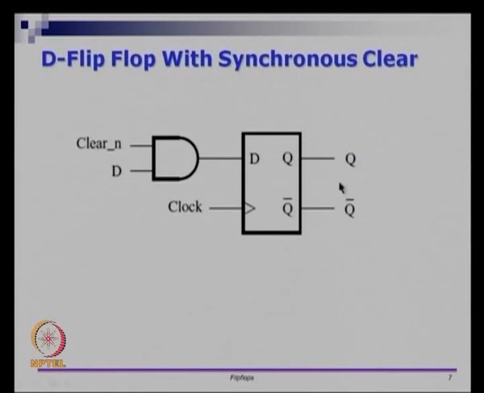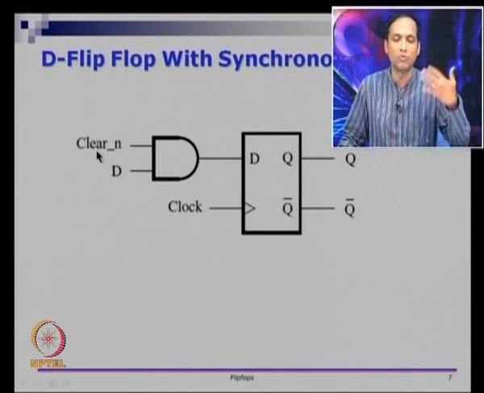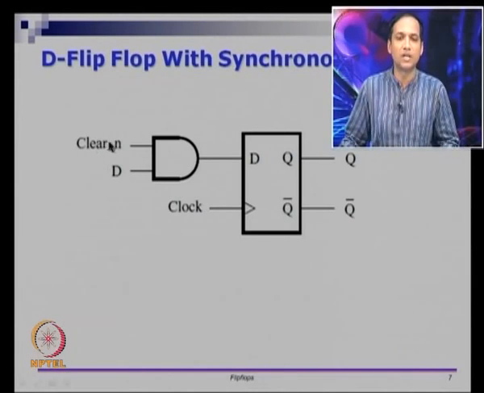You can make a D flip flop with synchronous clear: you take the D input and put clear bar as another input to an AND gate, you give that to a regular D flip flop, right. So when you do that, if clear bar is 0, which means clear is 1, so we want the Q to be cleared. If clear bar or clear N is 0, then this D input will be a 0, so if the clock samples it correctly, then Q will become 0. It completely masks the D value.